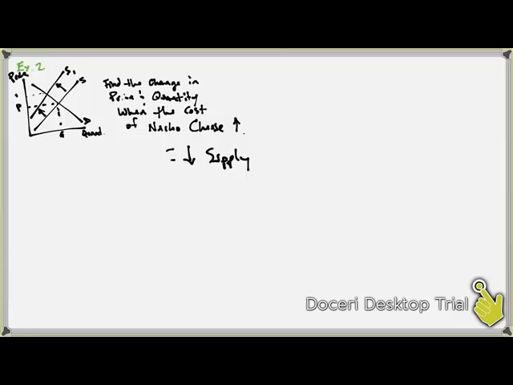I find my new equilibrium, P1 and Q1, and I can see that because of the increase in resource prices, my supply decreased, the price of Doritos is going to go up, and the amount being supplied and bought is going to fall. That's what our graph illustrates. That would be a change in supply.